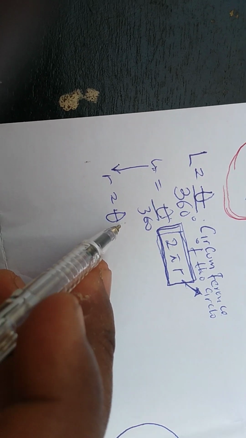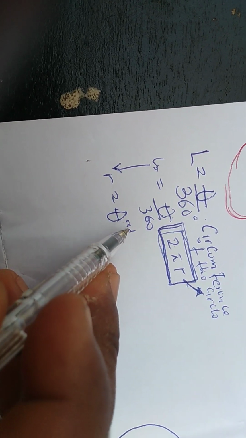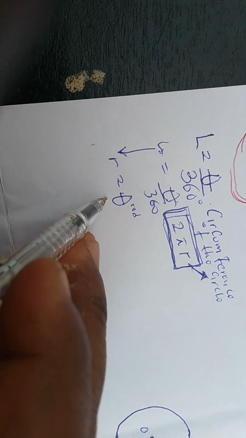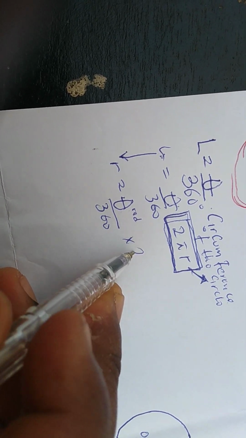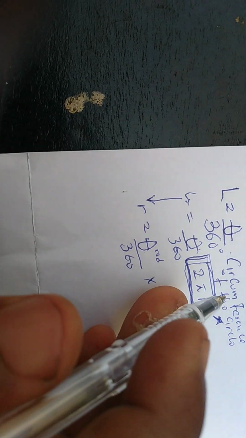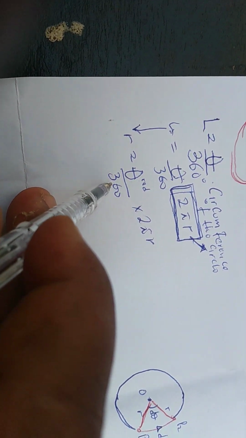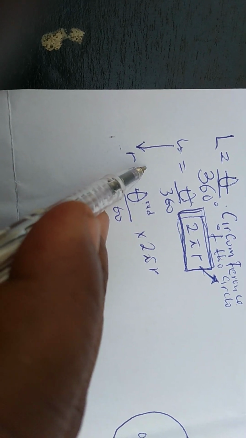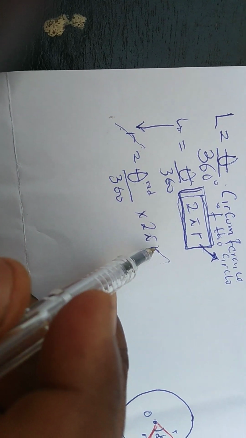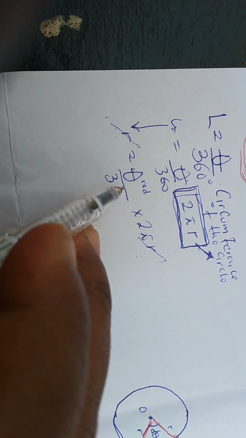Theta radian is the angle in radian over 360 degree times 2 pi r. The r on both sides of the equation can cancel out; we can divide both sides by the radius of the circle.